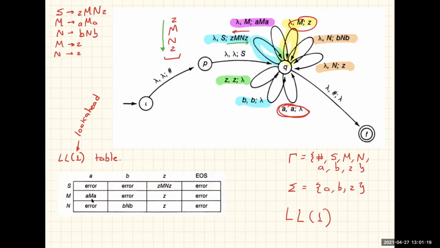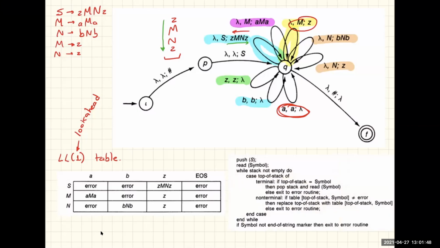So now our parser can be written this way. Let me erase here. This is a pseudocode that looks a little bit like Pascal, and it handles the stack.